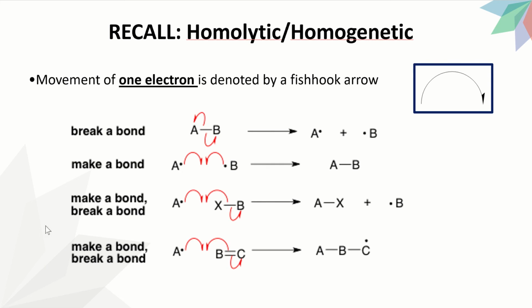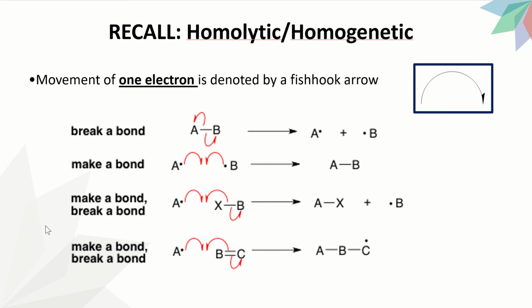So just in case you were having difficulty earlier following the arrows, you're in luck, because we're doing a little revision now on the arrow movement. If we recall homolytic or homogenetic, as we just mentioned, we're going to show how that happens with regards to arrows.